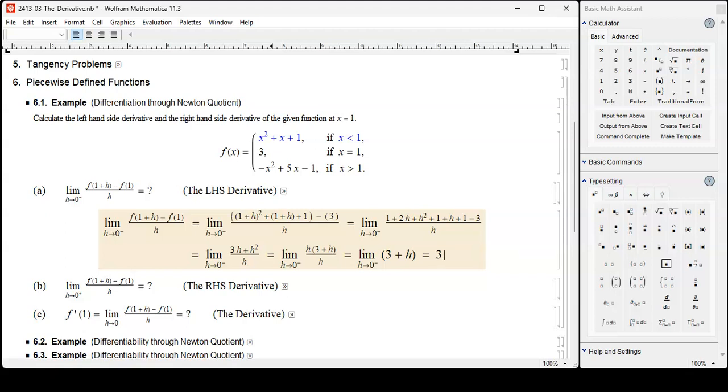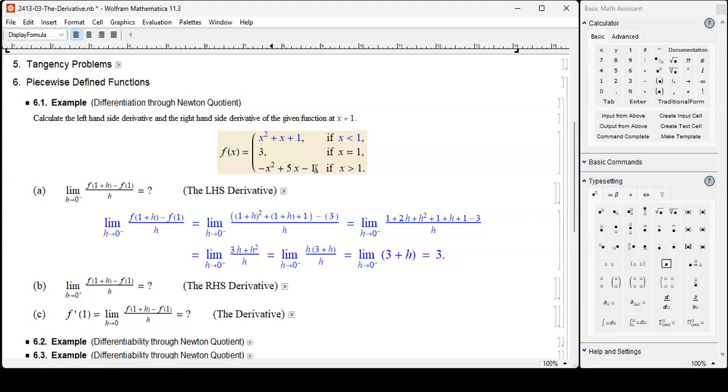Consequently, it's 3. All h expression will be gone because I'm plugging in h equal to 0 in the end. Make sense? And that's for the first line, x is less than 1.